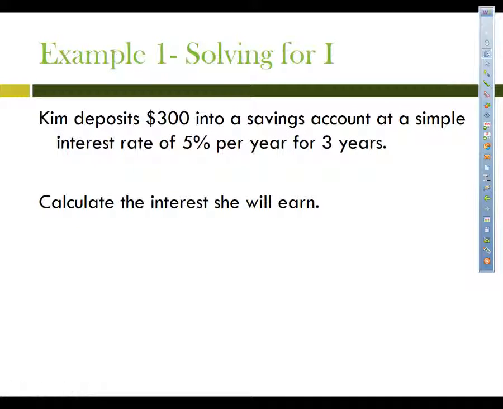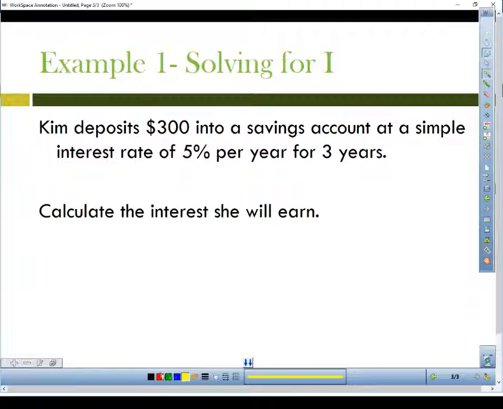Now let's look at an example. Example 1 says Kim deposits $300 into a savings account at a simple interest rate of 5% per year for 3 years. Calculate the interest she will earn.